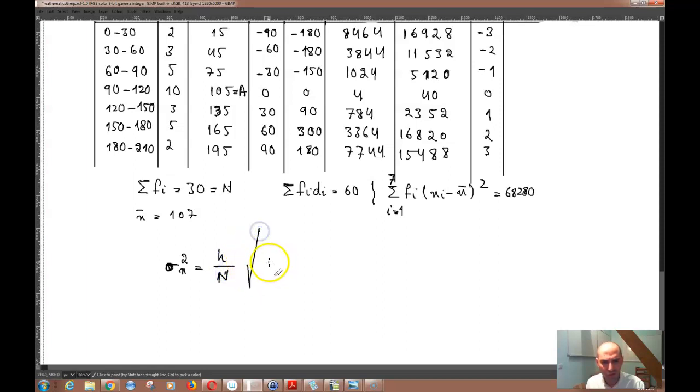H over n times the square root of n times sigma f of i, y of i squared, as i goes from 1 to n, minus sigma f of i times y of i as i goes from 1 to n, and this is squared. This is the standard deviation.